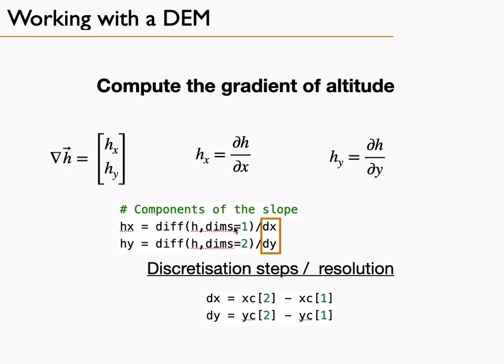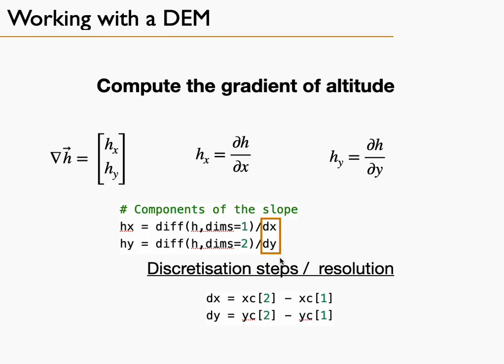Dims equal 1 stands for the dimension. Dimension 1 in our example corresponds to x, and dimension 2 corresponds to y. For the y component, one can write diff h, dims equal 2 for the y direction, divided by dy.